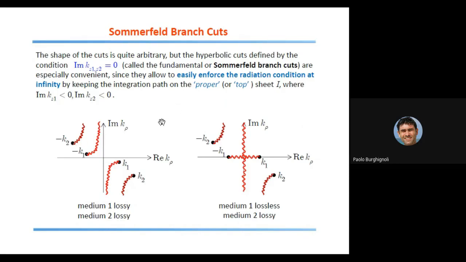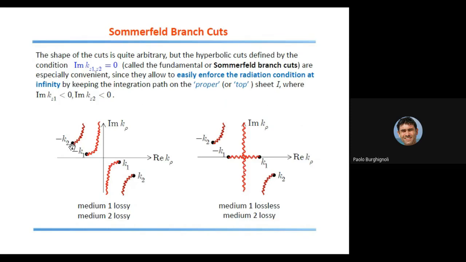The commonest and most convenient choice is the so-called Sommerfeld branch cuts, which are convenient because they are based on enforcing the condition that the imaginary part of the wave numbers is equal to 0, so that they separate the sheets where the imaginary part is positive from the sheets where the imaginary part is negative, as we saw in the previous slide.